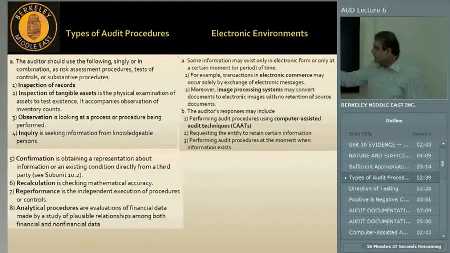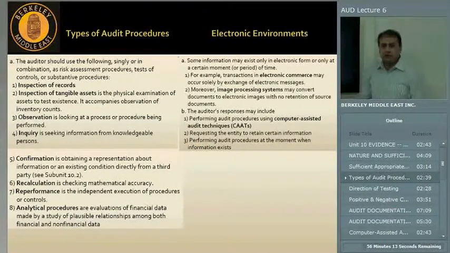For example, transactions in electronic commerce may occur solely by the exchange of electronic messages. Image processing systems may convert documents to electronic images with no retention of the source document. And the auditor's response may include performing audit procedures using CAATs, that is computer assisted audit techniques.